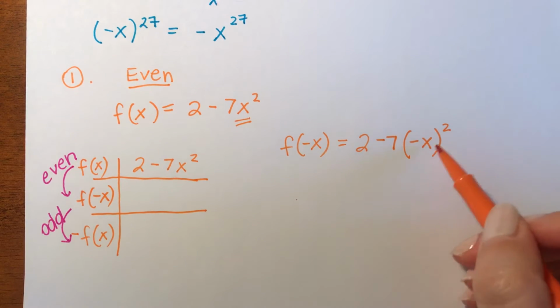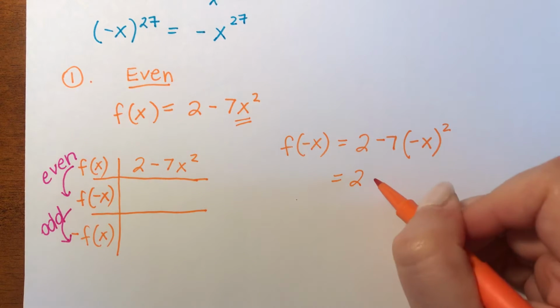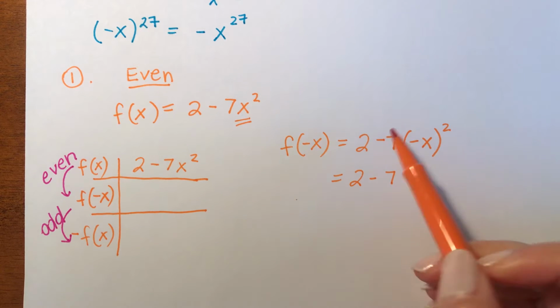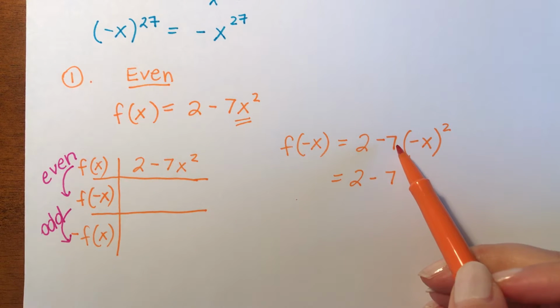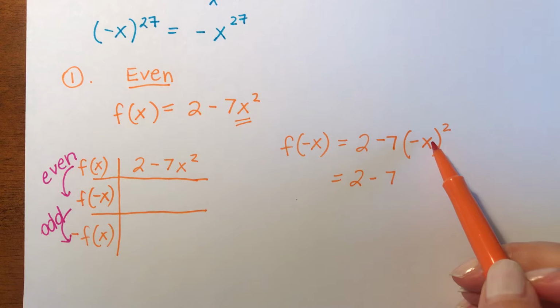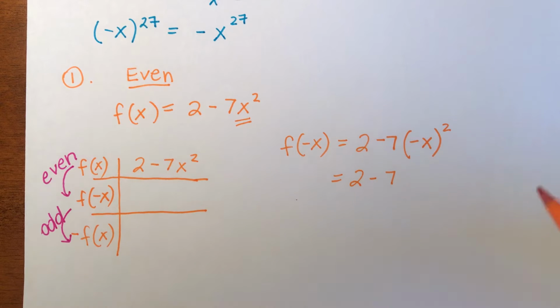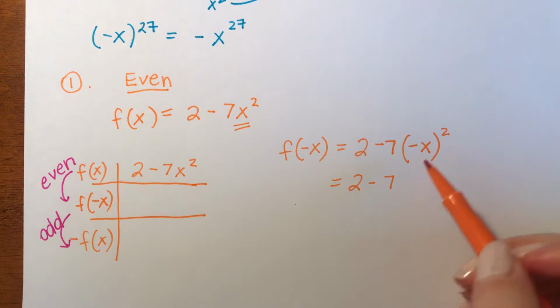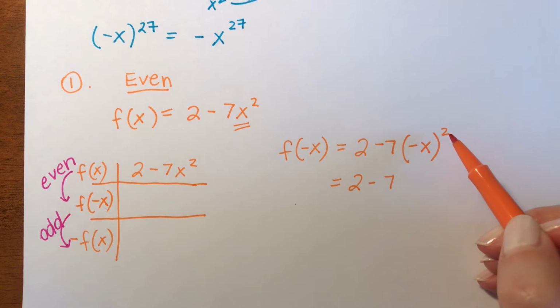Now we're going to simplify this. Okay, so I get 2, nothing changes, 7, nothing changes. Please, just do not subtract 2 minus 7, okay? We're following PEMDAS here. You gotta do exponents, then multiplication, and then you're gonna subtract. Now, negative x to the second power is even.